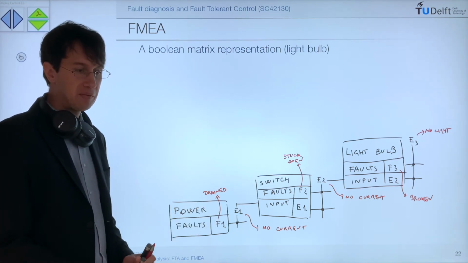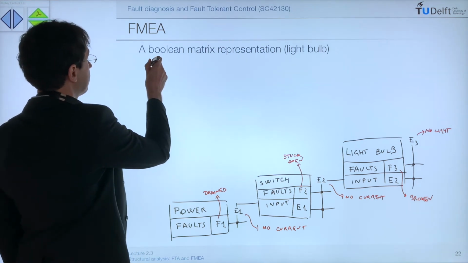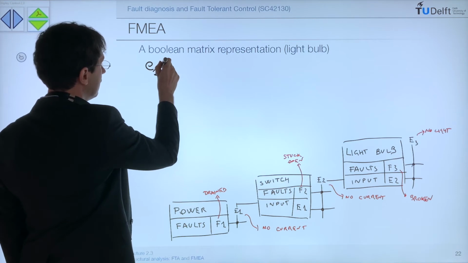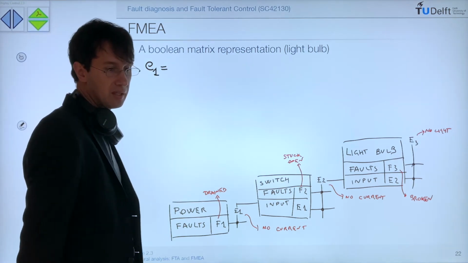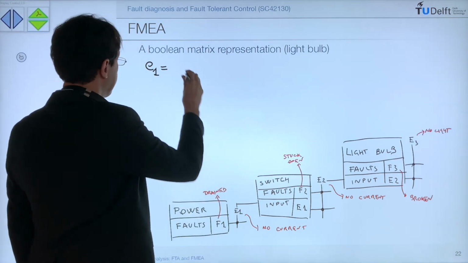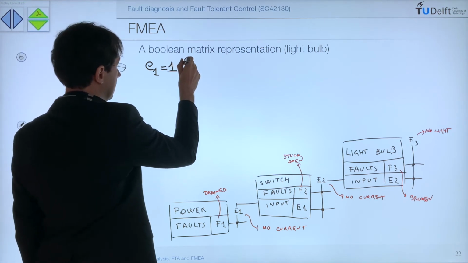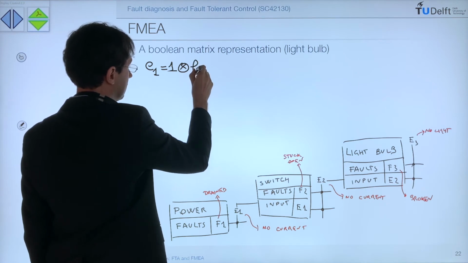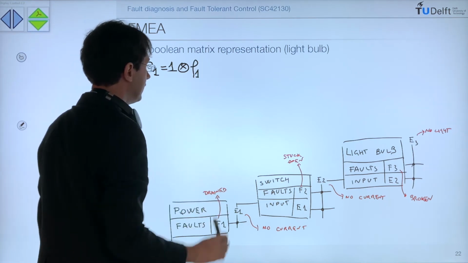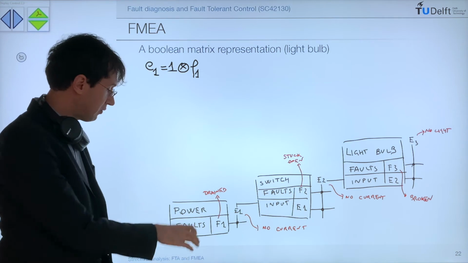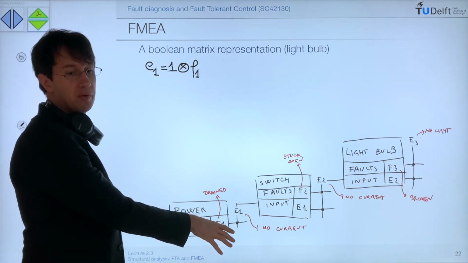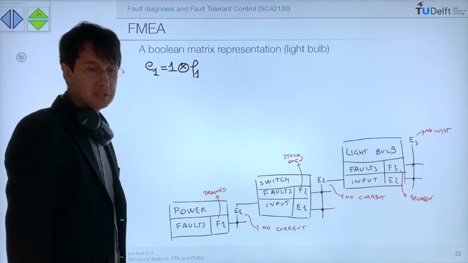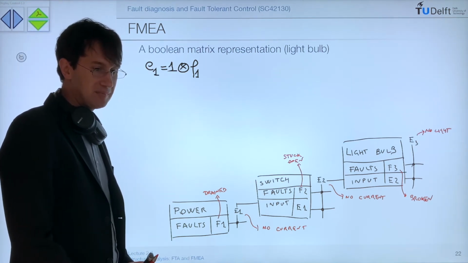So at the power level, we have that the first effect, E1, is equal to simply 1 and this Boolean times fault number 1. It is very simple because here we have only one possible fault and only one possible effect, and we know that the effect is caused by the fault. So we have this mapping.